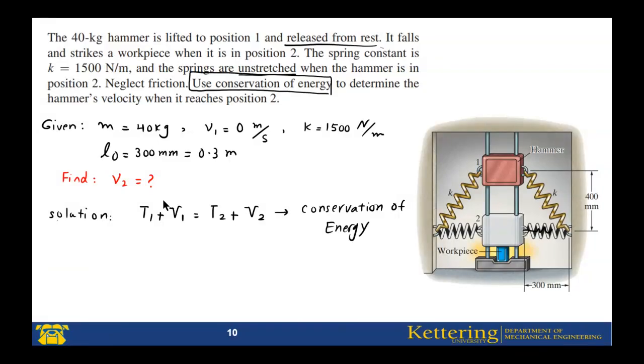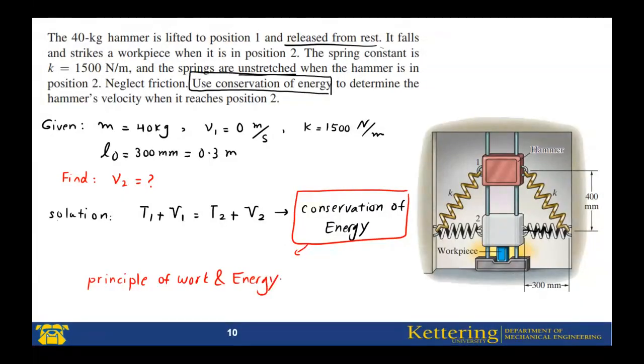Okay. Now, one thing before I move to solve this problem, I want to mention that you should not confuse the conservation of energy with the principle of work and energy, which you are working with in your homework.